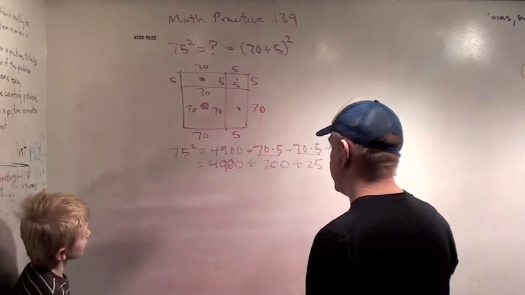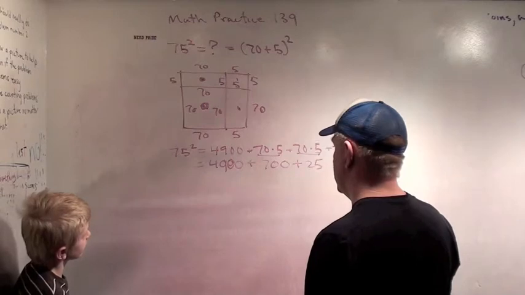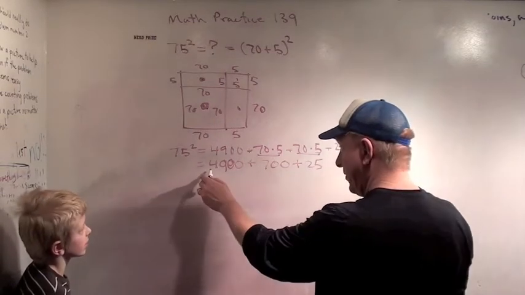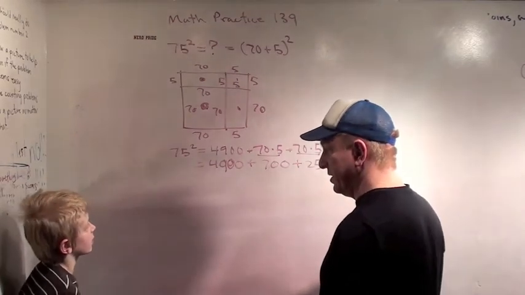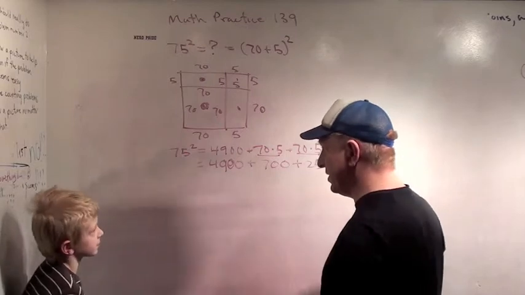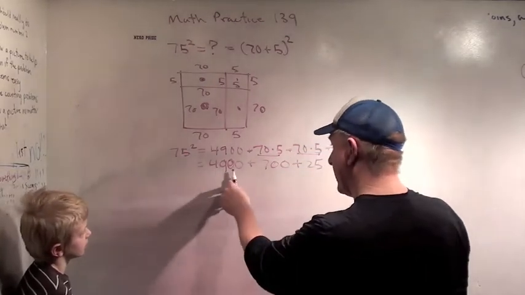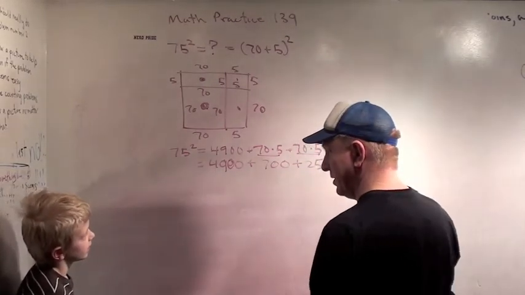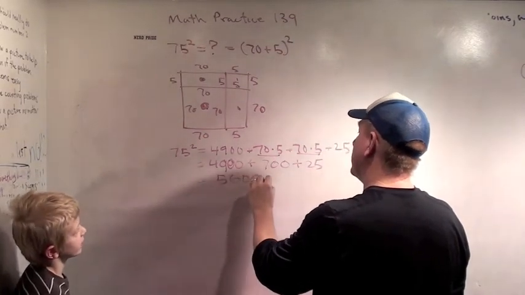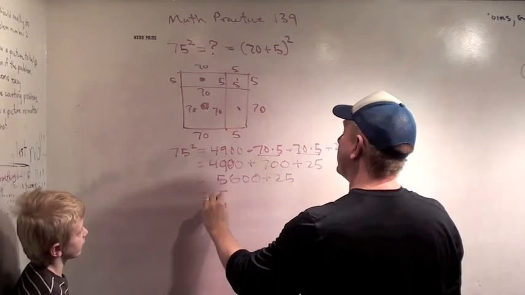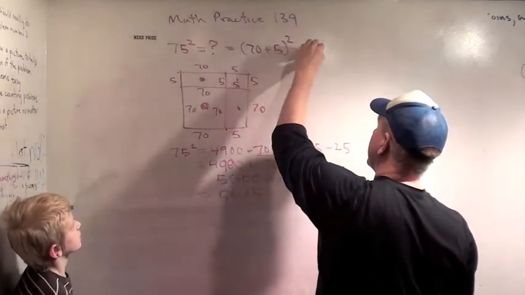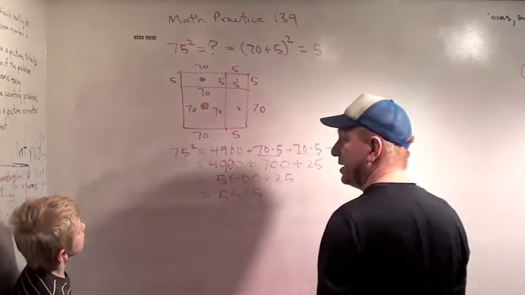Well, 900 plus 700 is 1,600. So what's 4,900 plus 700? 5,600. Plus 25, so we get 5,625. Yay! So 75 squared we can figure out with our square idea.